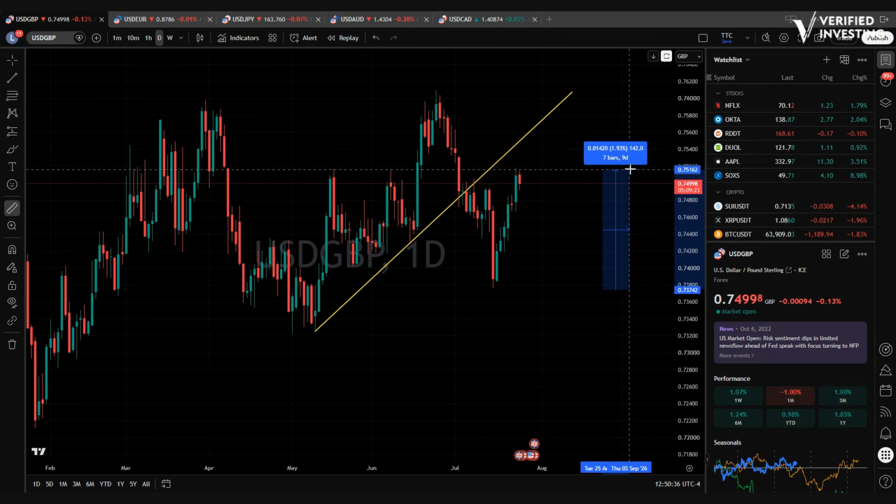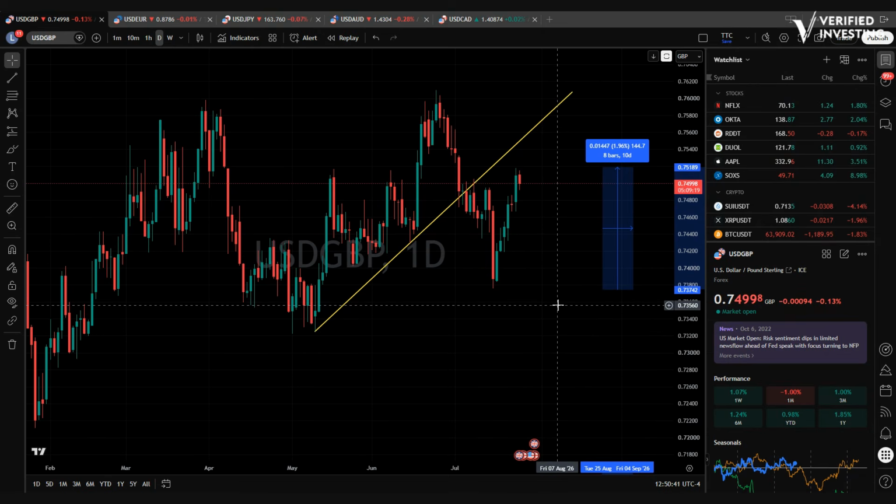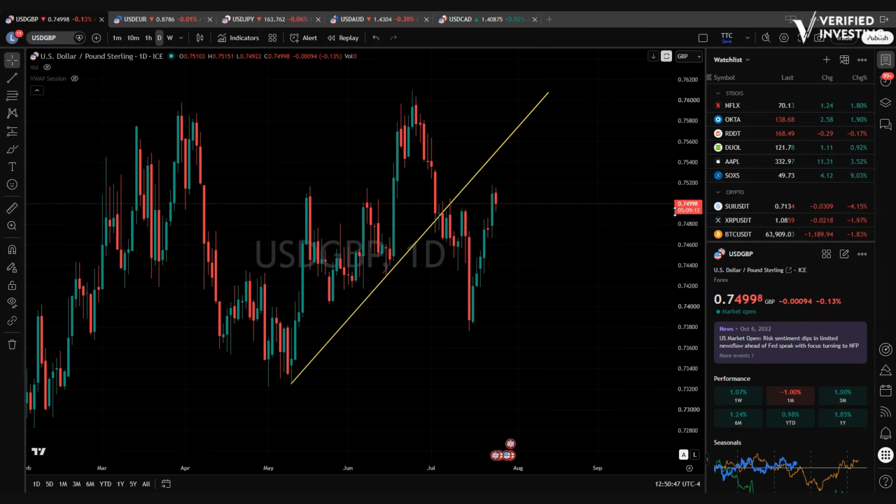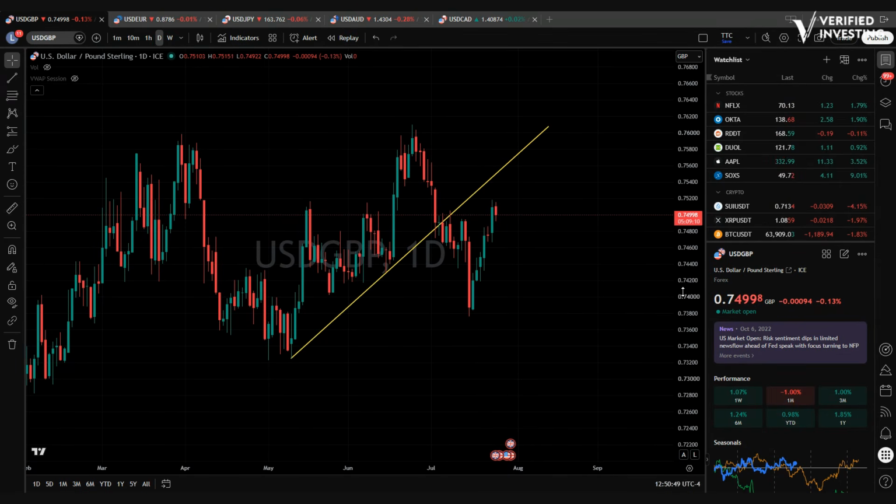But look at this amazing rally here on the USD compared to the Great British Pound, about a 2% move up from those lows.